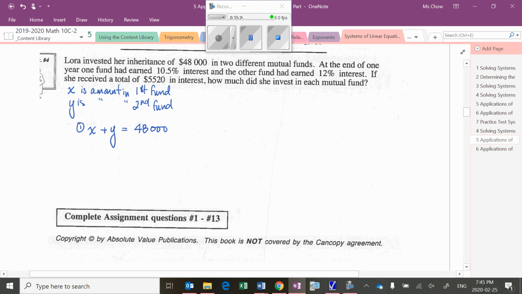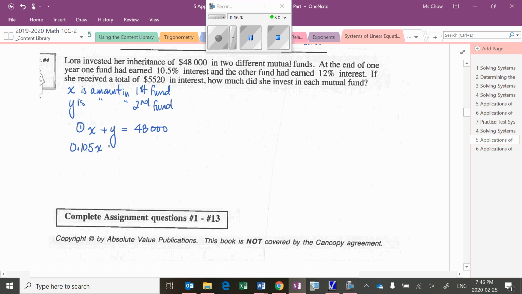Our second equation is then having to do with the interest. If she's invested X dollars in the first fund and earning 10.5%, then the dollar amount is going to end up being 0.105 X, because if we change that into a decimal by dividing by 100, that gives us the amount that she's earned in interest for the first fund.